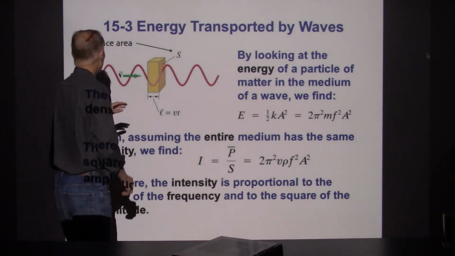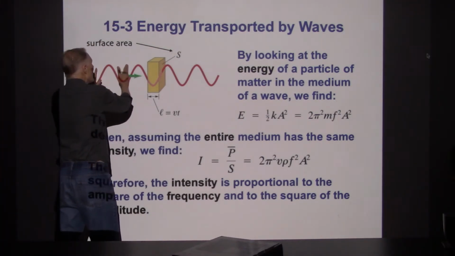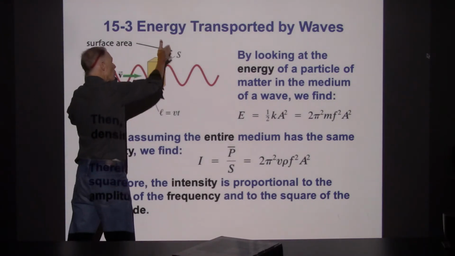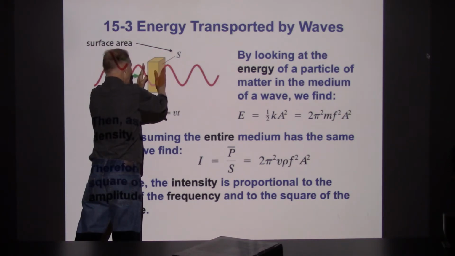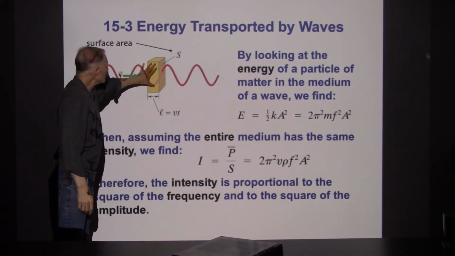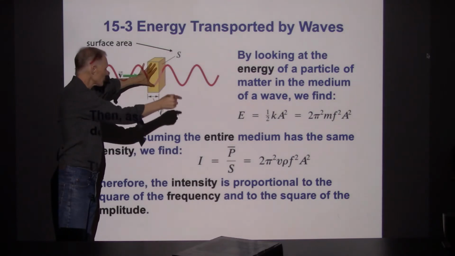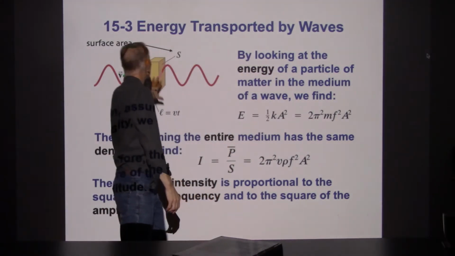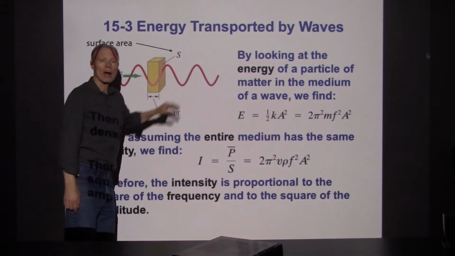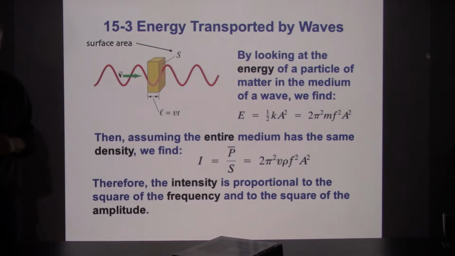What usually happens is we divide the medium up into individual slices. So let's look at just one slice at a time, and then we can say the energy in each individual slice is related to the amount of mass in each individual slice. Okay, so that's kind of where we're headed with looking at the energy.